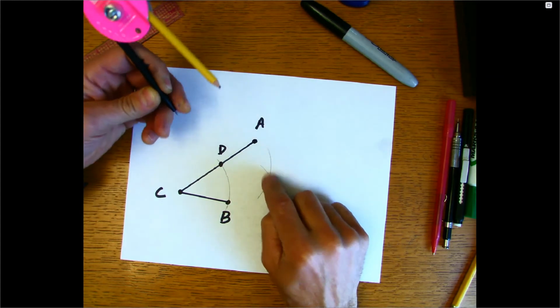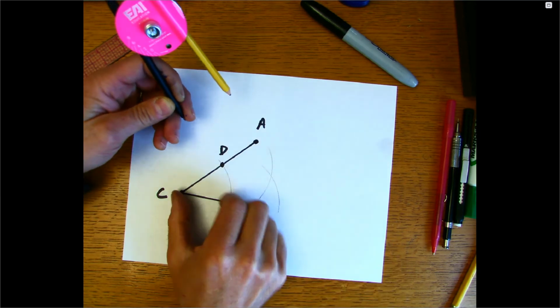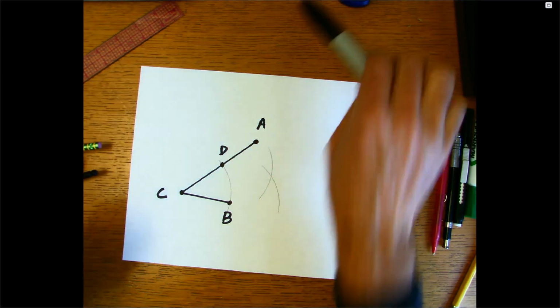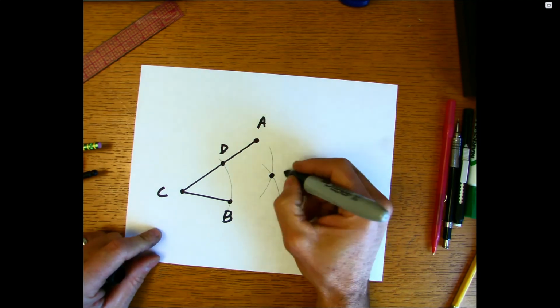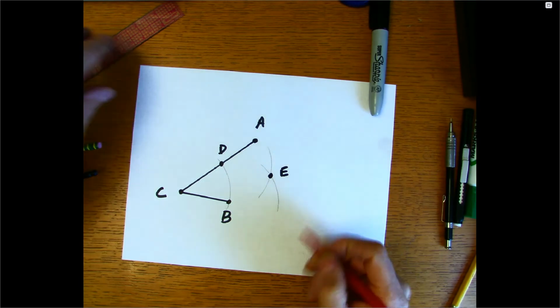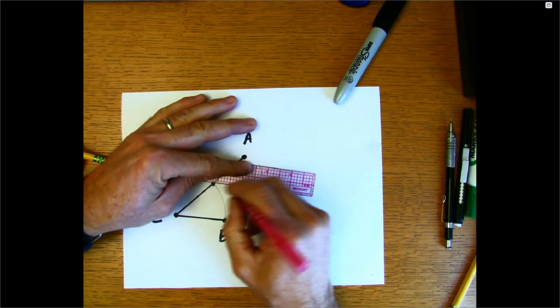And so this is the point right here that's the same distance from B as it is from D, and copies the lengths here. So it appears to me that this particular point right there, point E, would be the necessary point to create my little rhombus.